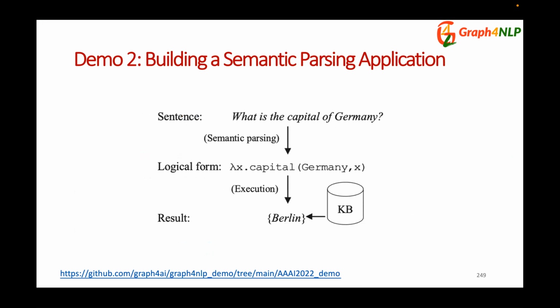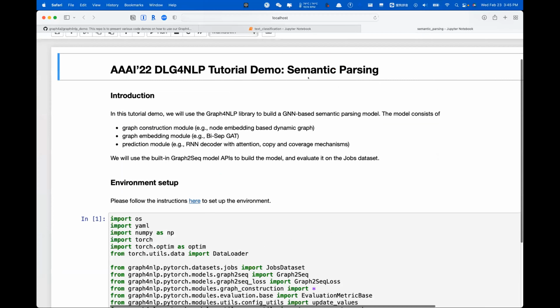So let's go back to the demo page. Here we have a demo for semantic parsing. The model consists of three important components: the graph construction component, the graph embedding component, and the prediction component.